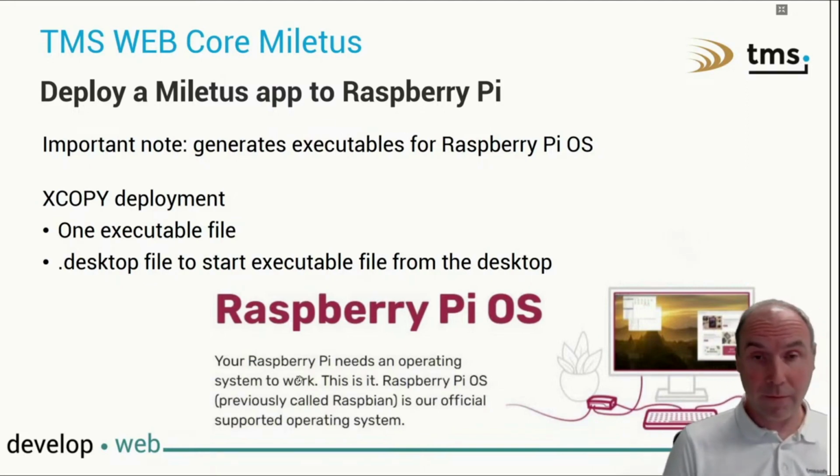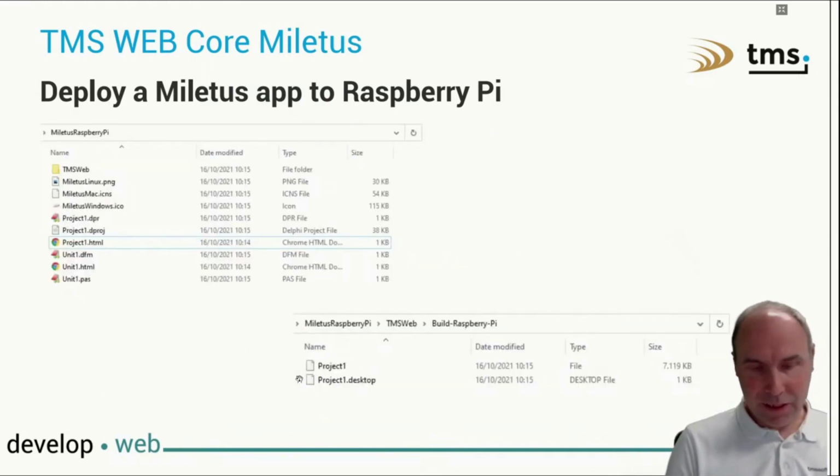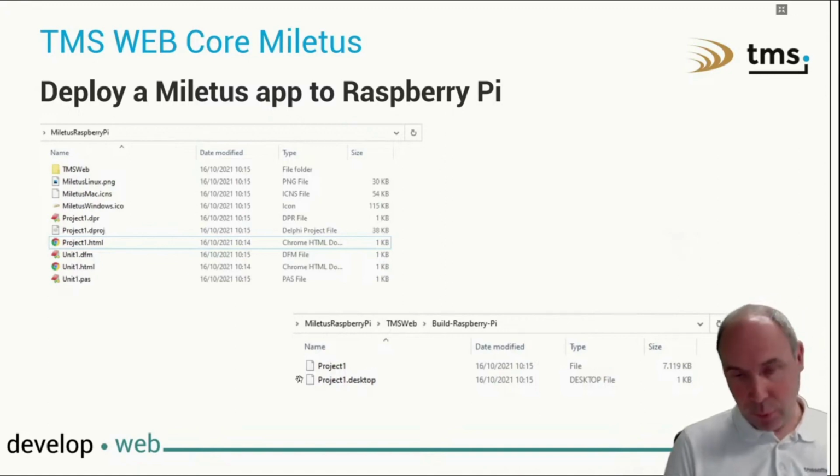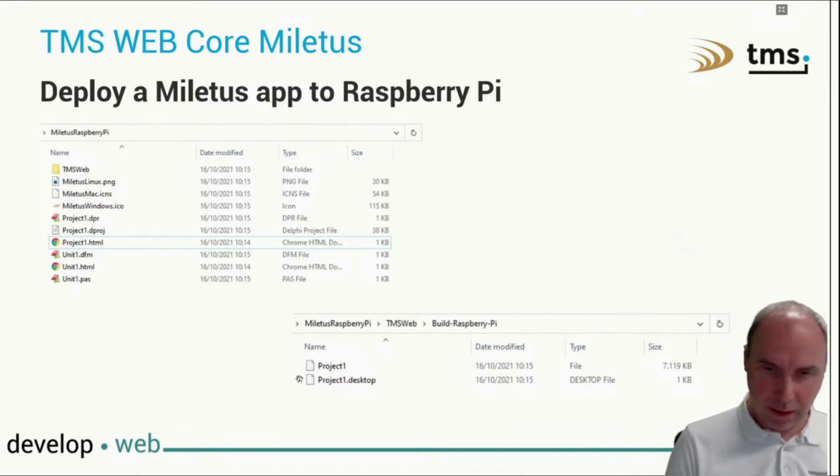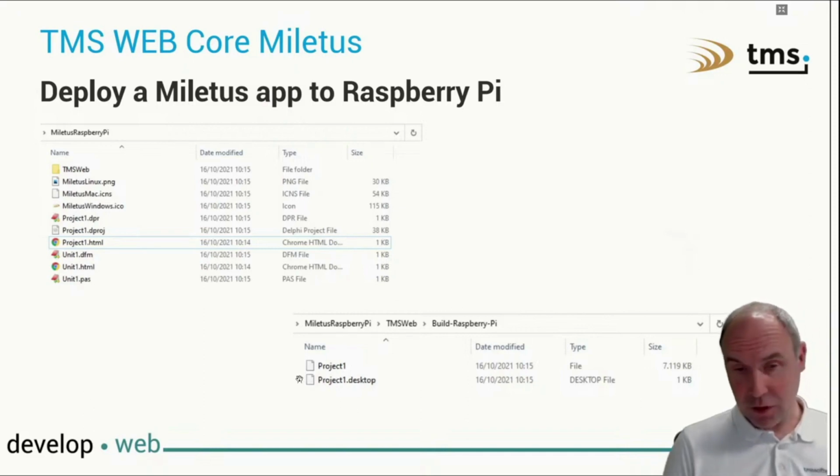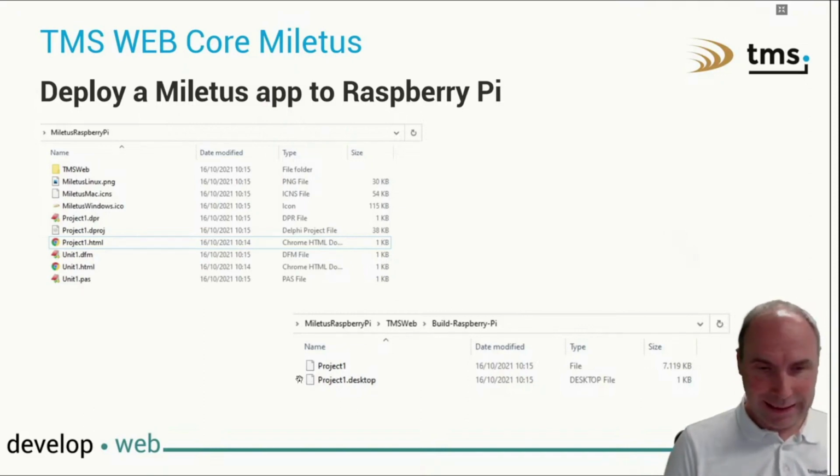From the Delphi IDE, Miletus generates an executable file and a desktop shortcut file, and simply Xcopying these files to the Raspberry Pi allows you to launch the application you created from your Raspberry Pi. As you can see here, this is the project folder on one side, where you have your Miletus project and the source code, and in the output folder you see the generated executable and the shortcut file for it.